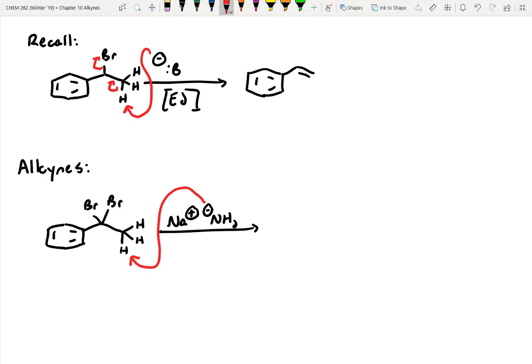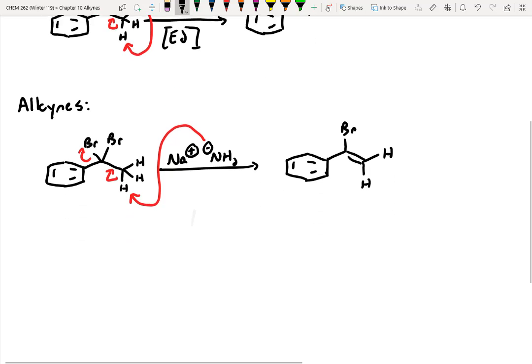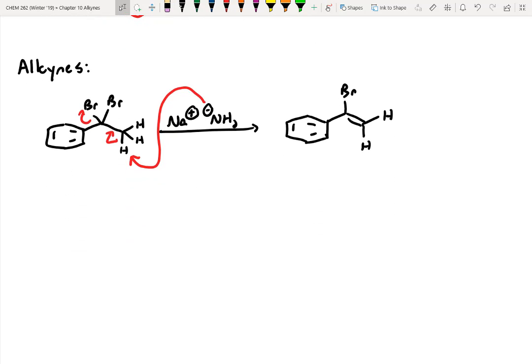So this will do an E2 reaction and kick off our bromine, at least one of them. We still have two remaining protons coming off that methyl group though. And what do you think could happen next if we have another equivalent of sodium amide around? Do it again, right?